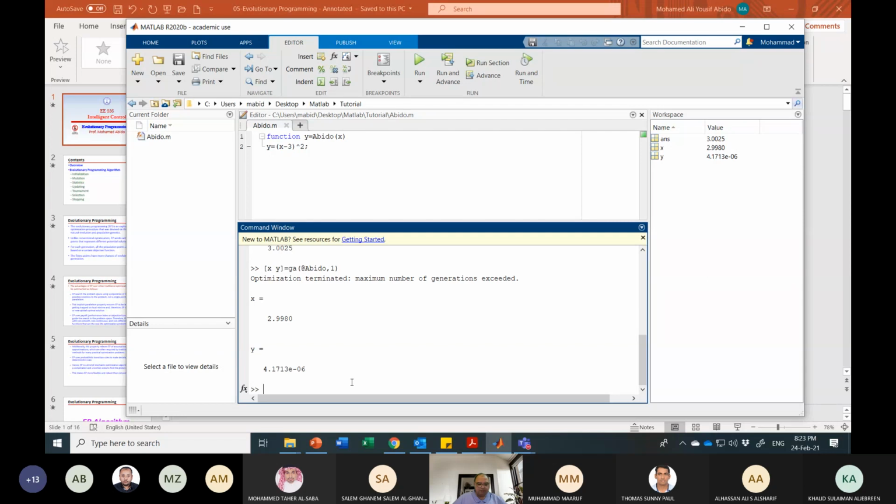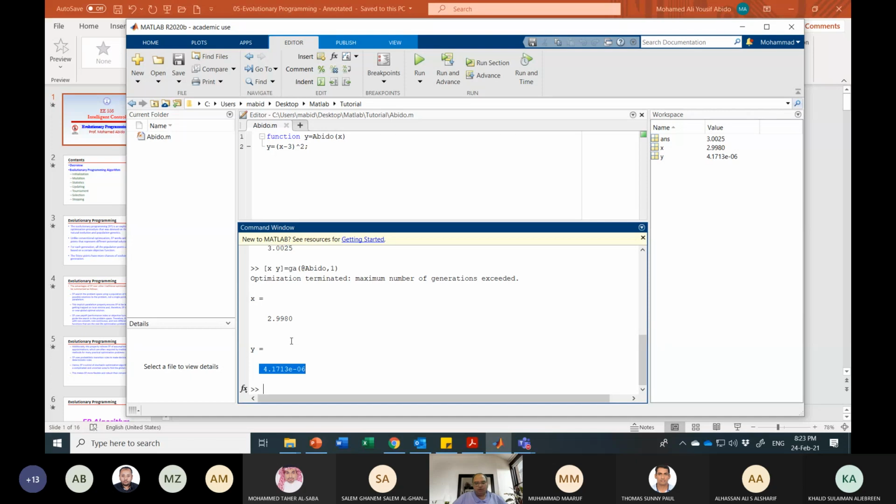And let us see. So the function value, of course, the optimal value should be 0. But this is very, very, very small, of course. The genetic algorithm approaches 3, but as you can see here, it is very close to 3.